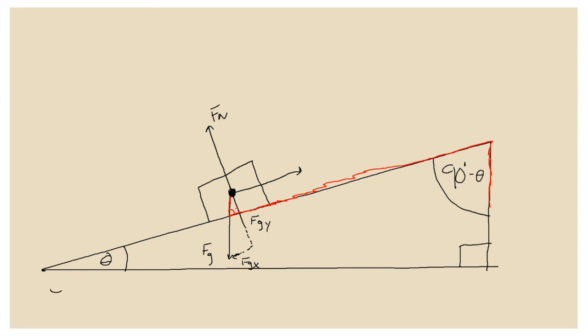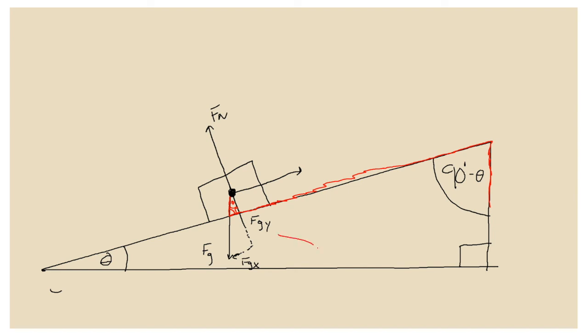Notice this angle in the triangle is a right angle. And so that means if this angle, 90 minus theta, is the same as this angle in the triangle, 90 minus theta, and this angle is the right angle, like that one, then this angle here, theta, has got to be equal to that angle.